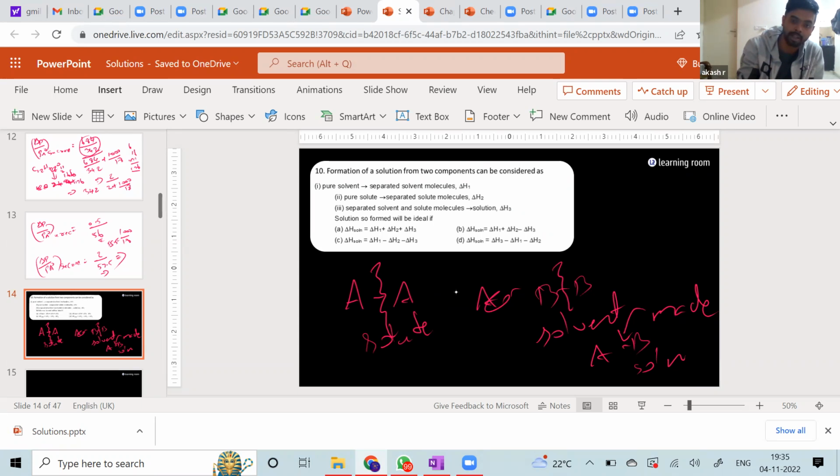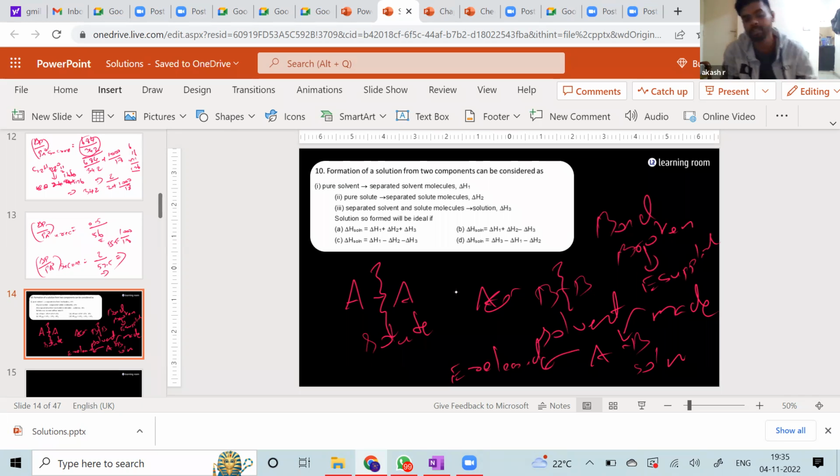And always remember, whenever a bond is broken, energy has to be supplied, and whenever a bond is formed, energy is released because it gets stabilized. Another thing: what is the sign convention we follow?